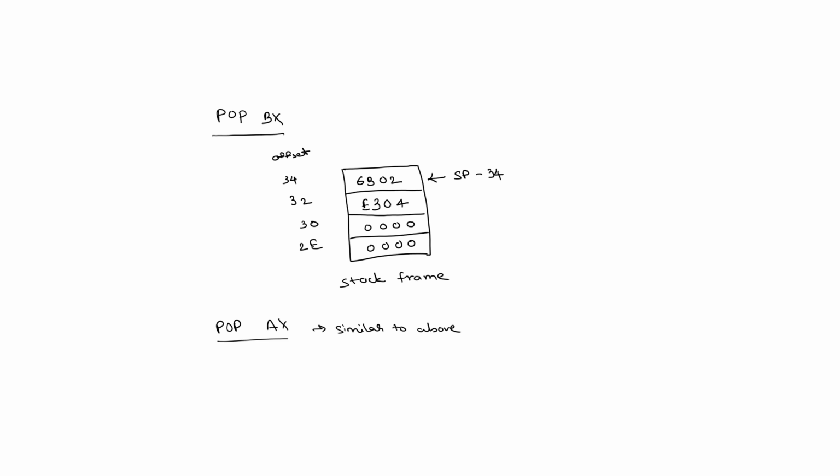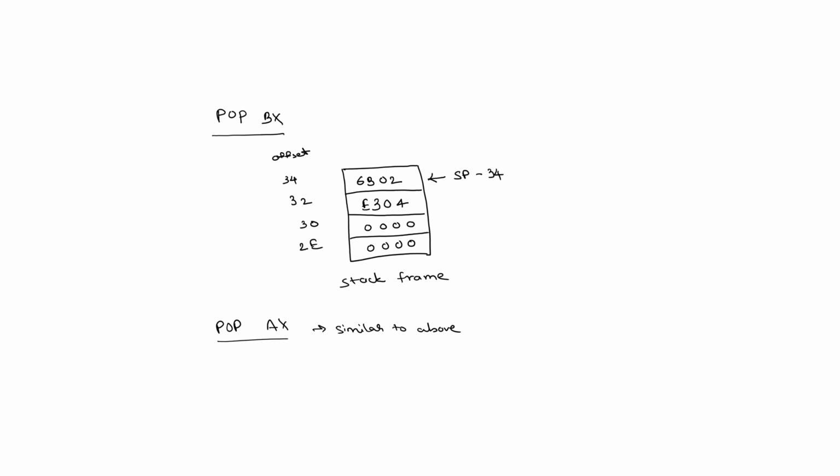Although the stack pointer no longer points to them, the values are still in the stack itself. Subsequent push operations will replace the old values with the new ones. Also, when the stack pointer becomes 0, the stack becomes full.